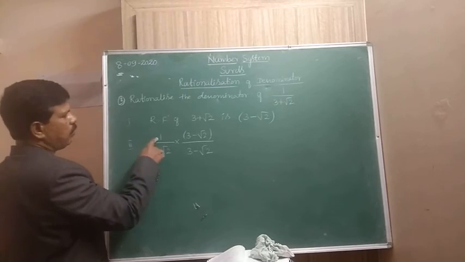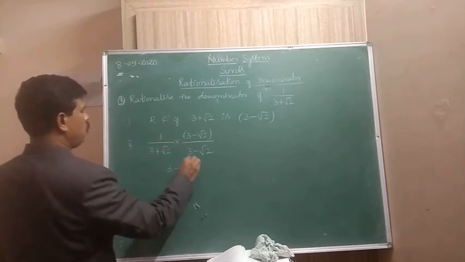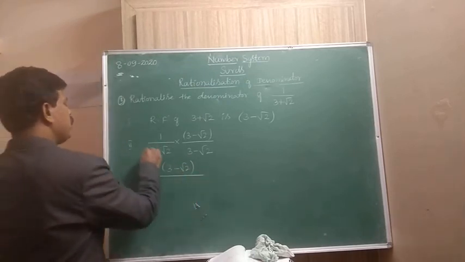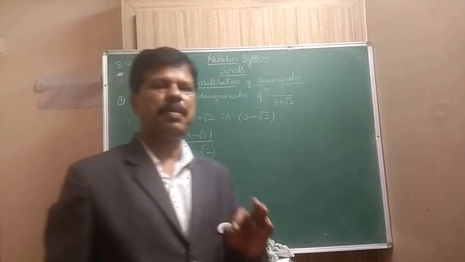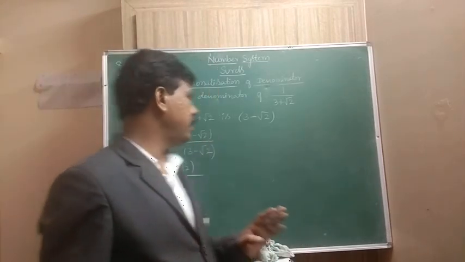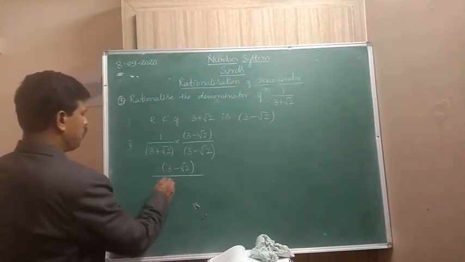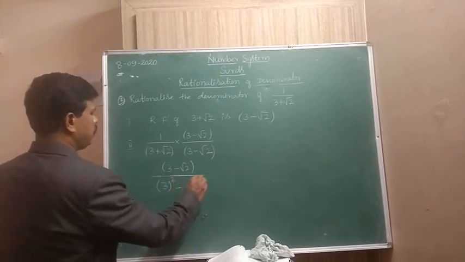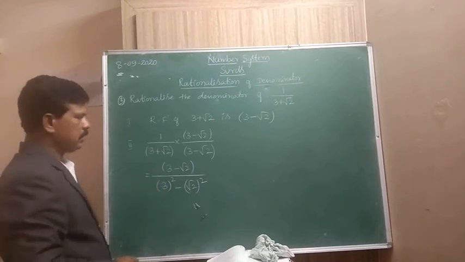Now here 1 into 3 minus root 2 is 3 minus root 2, and I already told you the denominator is always in the form of a plus b into a minus b. Therefore a plus b into a minus b is a square minus b square.